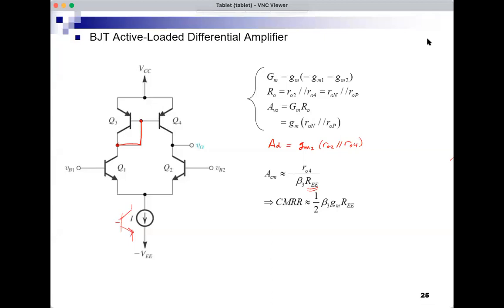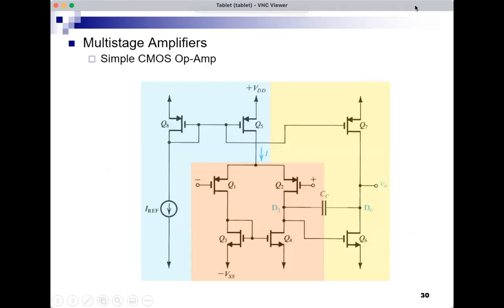Now that we've seen the active loaded MOSFET differential amplifier and the other implementations, and we're familiar with current mirrors and common source amplifiers, we can look at this circuit again, and now we should be able to identify all the subcircuits.